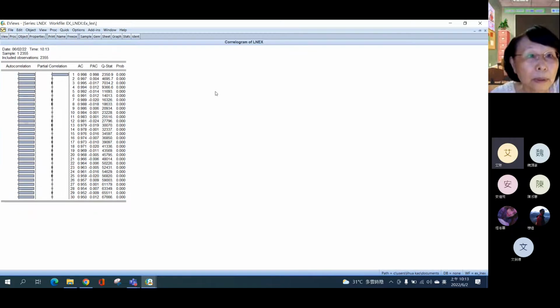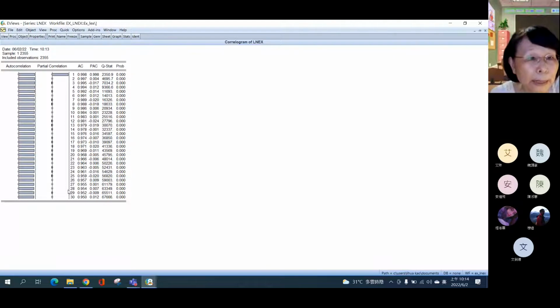This is actually the correlogram of LNEX. And did you see this? This is called the autocorrelation coefficient. We know the range of the autocorrelation is -1 to +1. Look at those numbers.